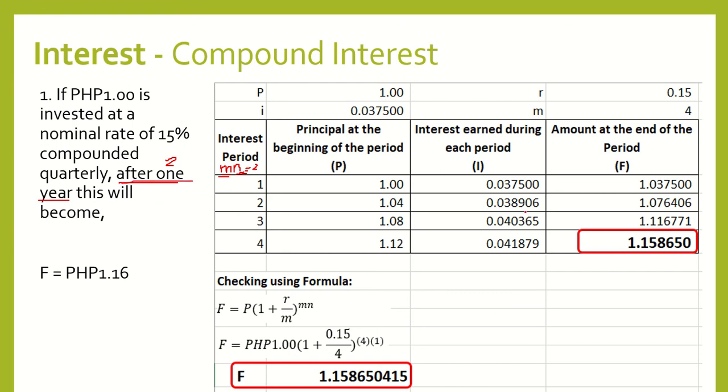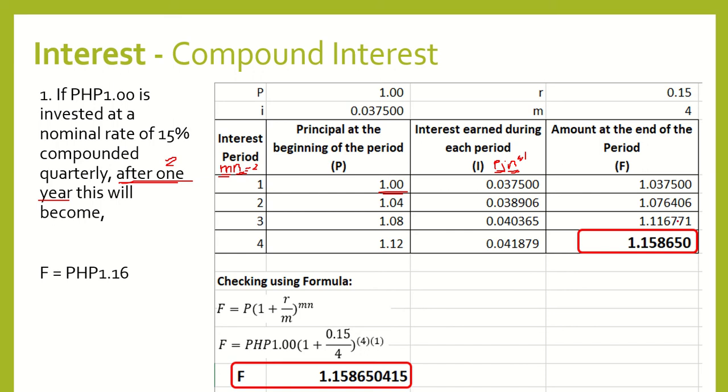As you can see, this is the present worth, the borrowed amount at the beginning of the period. This is the interest. If you would recall, that is P times i times n. But again, n here is considered to be equal to 1, since we're calculating every period. So we'll only have P times the rate of interest.